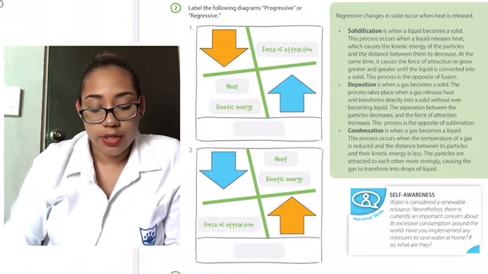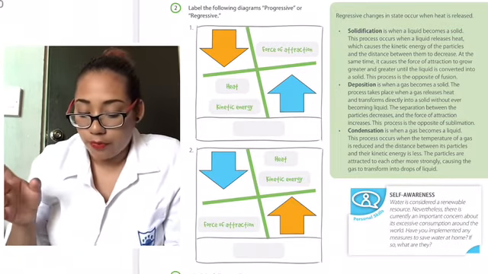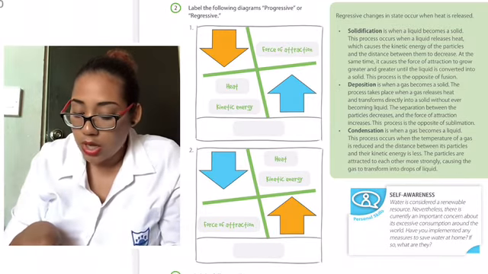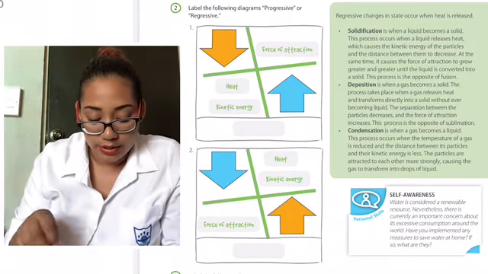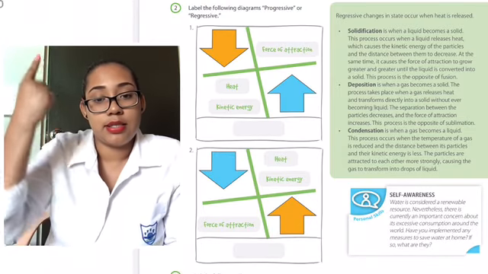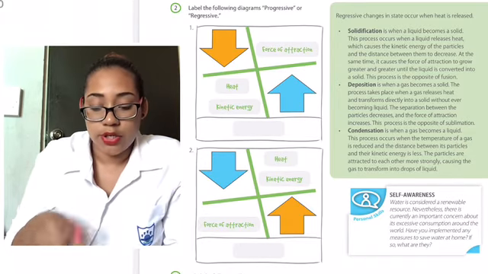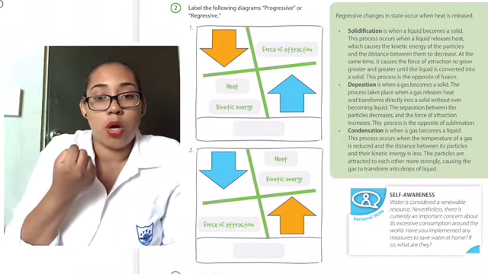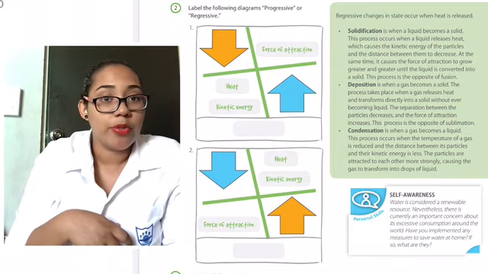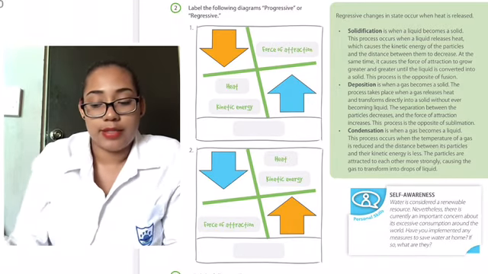We go back and it says the separation between the particles decreases and the force of attraction increases. So if the force of attraction increases, the arrow goes up. So you have a clue there. Which change will be the regressive change?